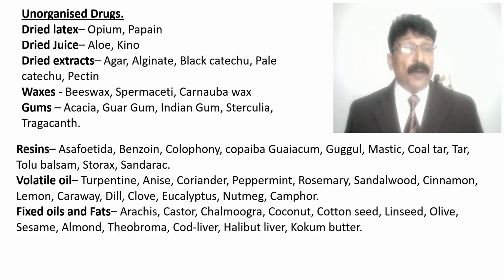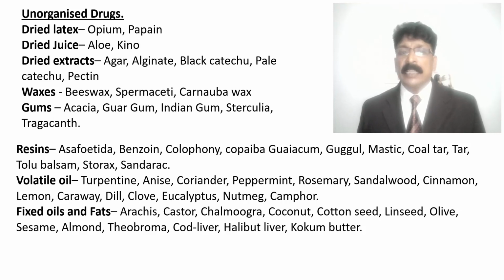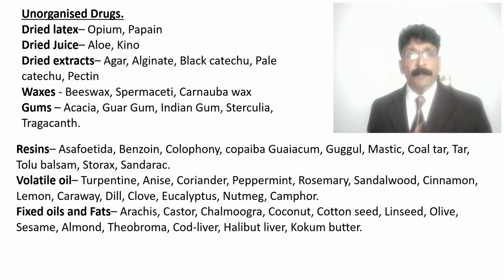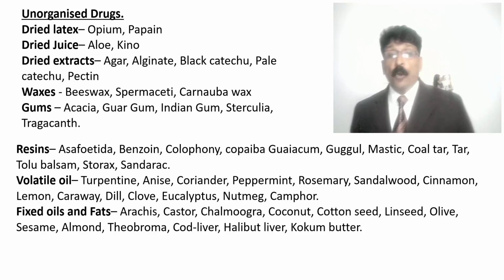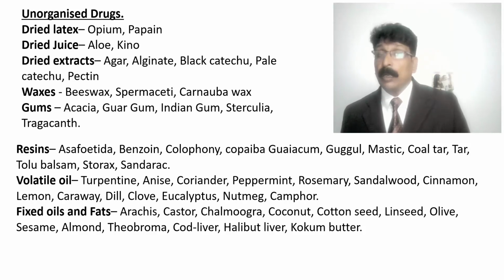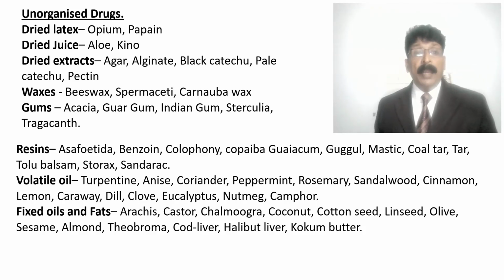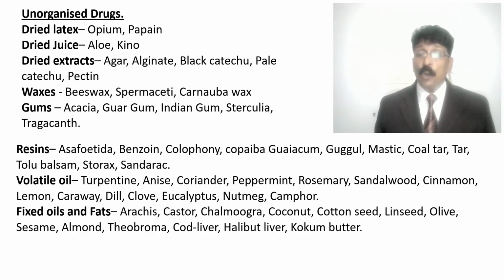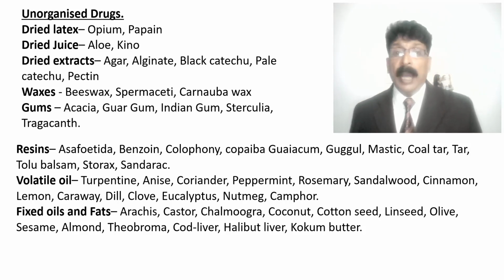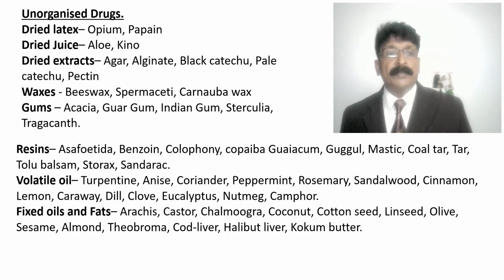Examples for fixed oils and fats: arachis oil, castor oil, chaulmoogra, coconut, cottonseed, linseed, olive, sesame, almond, theobroma, cod liver, halibut liver, cucumber.